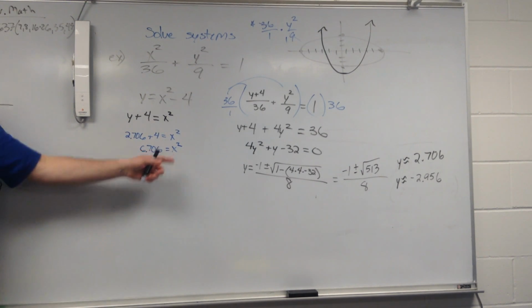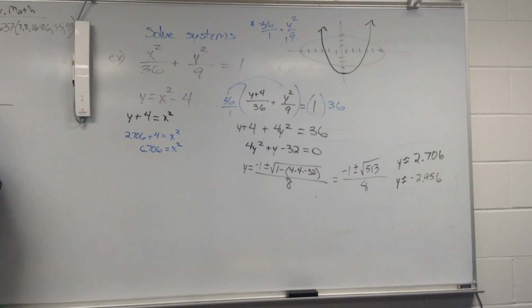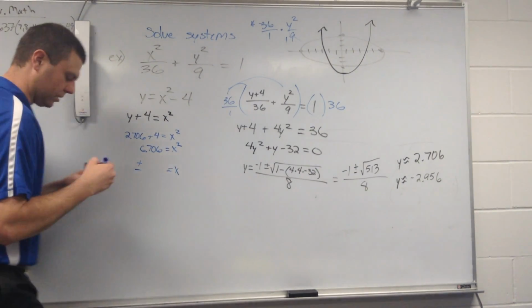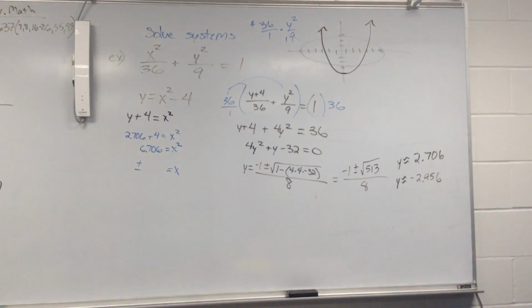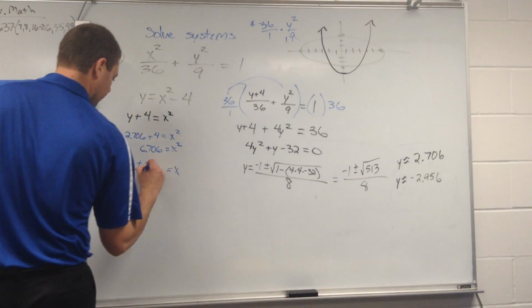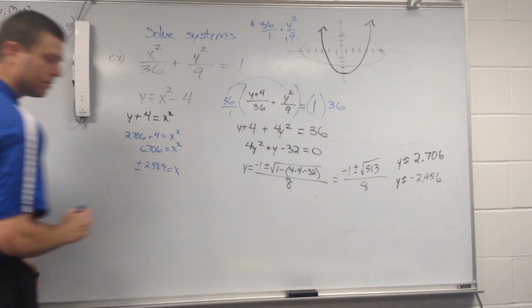Then when I square root that, the calculator is only going to give me one answer, but we know it's plus or minus, right? So x equals plus or minus, and let's just round that, 2.589.